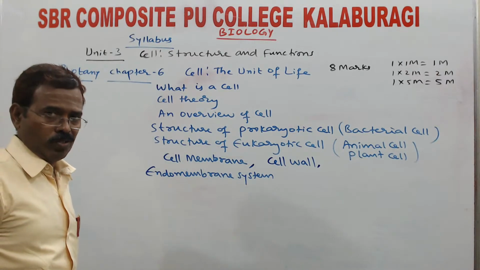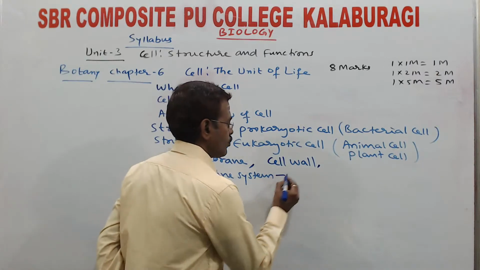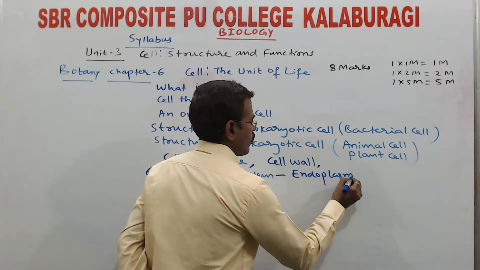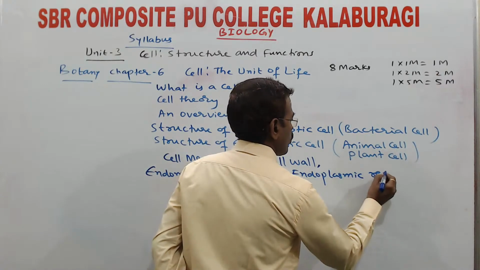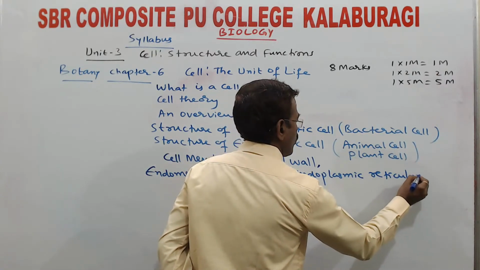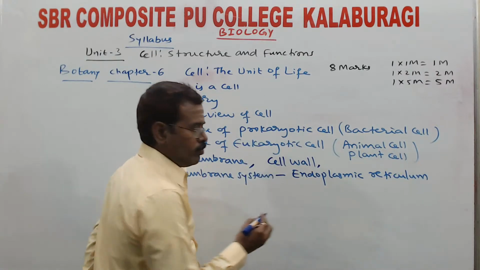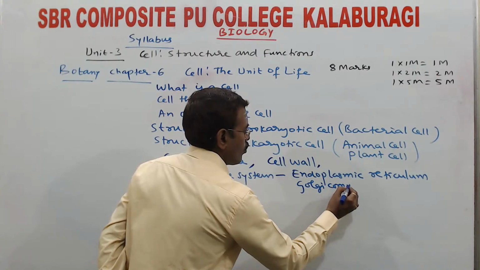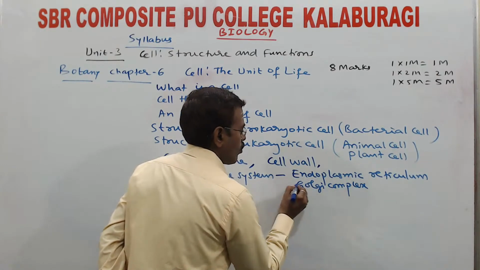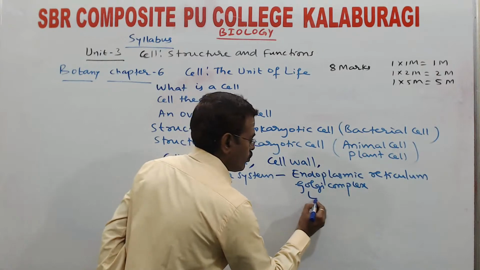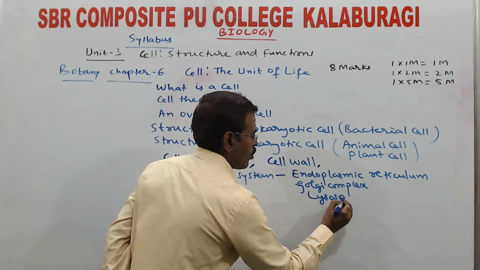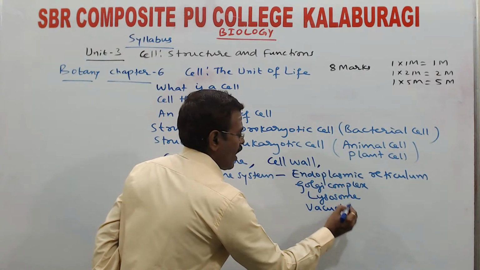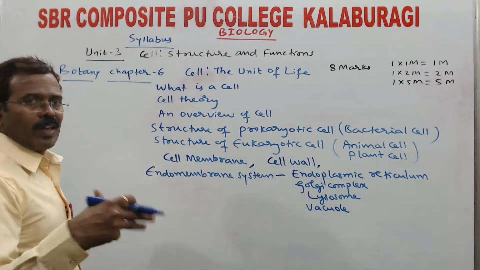In the endomembrane system, we have endoplasmic reticulum, Golgi complex, lysosome, vacuole. So we are learning cell organelles now.